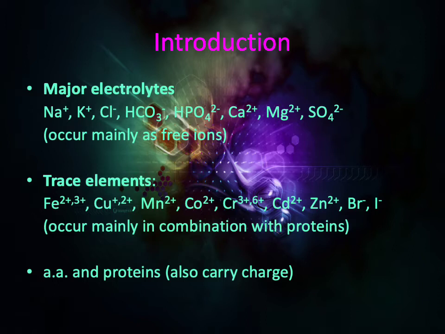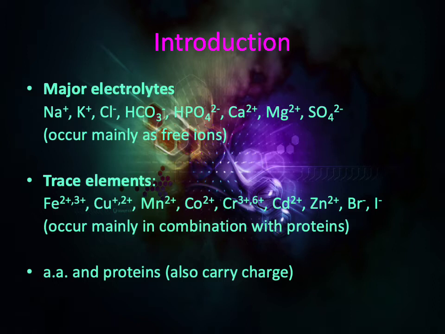These electrolytes are present in both the intracellular and extracellular fluids and occur primarily as free ions, with the exception of calcium and magnesium. They serve a variety of functions, including enzyme activators, regulating osmotic pressure, and serving as pH buffers. We will discuss the significance and role of each individually.